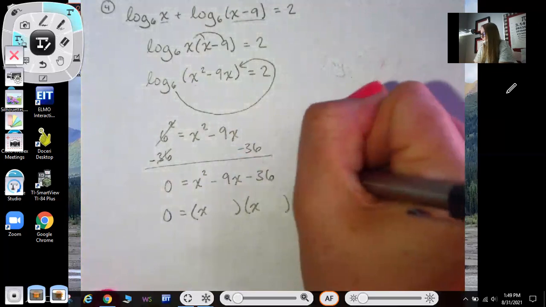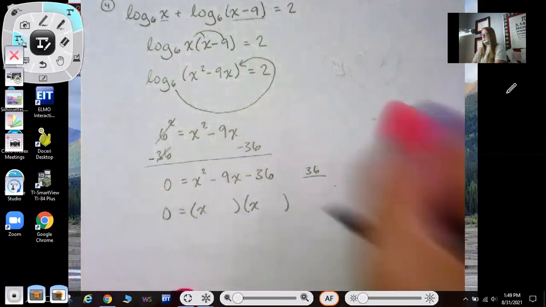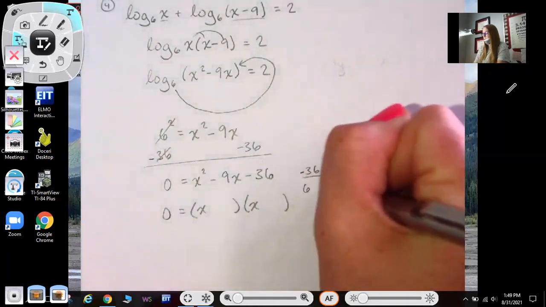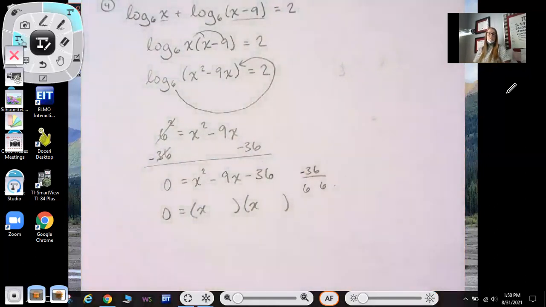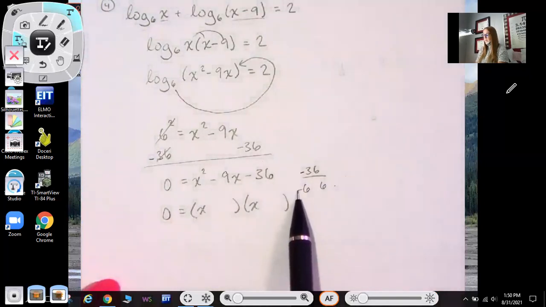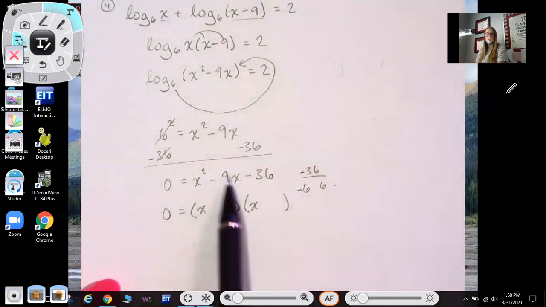Okay, let's just make a list. This helps me sometimes if I don't know what numbers to use. I need factors of negative 36. The first factors of 36 that I think of are 6 and 6. But in order for them to multiply to be negative 36, one of these would have to be negative. If that's the case, negative 6 plus 6 is 0, not negative 9.